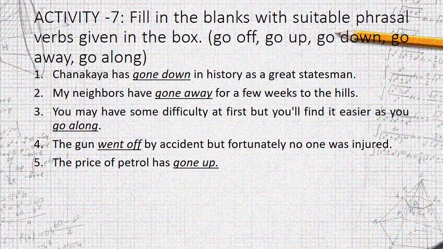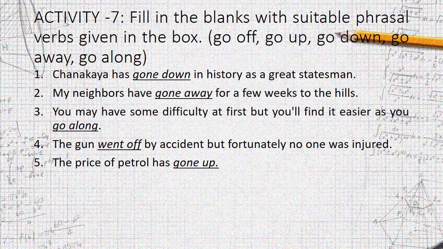Second one, my neighbors have, it is third person plural, but with have the sentence will be in present perfect. So my neighbors have gone away. We did not use the word go away or went away, but have gone away, because previously before the blank the word was have.